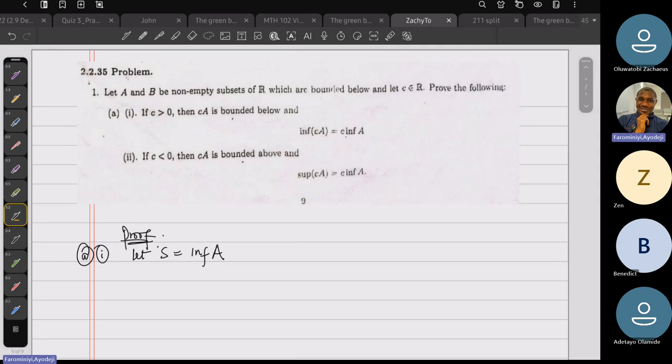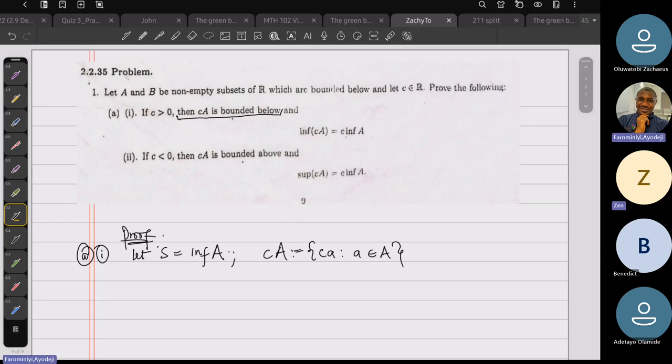So we want to see that CA is bounded below. What does it mean? We need to set our objectives. What do we need to show to confirm that CA is bounded below? We need at least one element that is less than or equal to all the elements of CA, right? Don't forget that CA is the set of C times a for all a such that a is in A. That is CA, right?